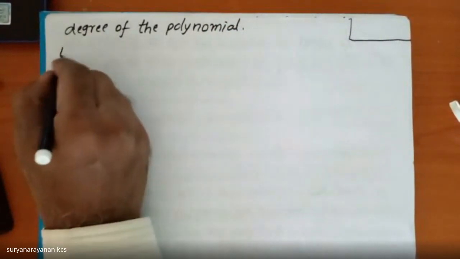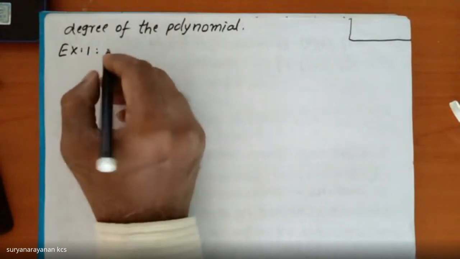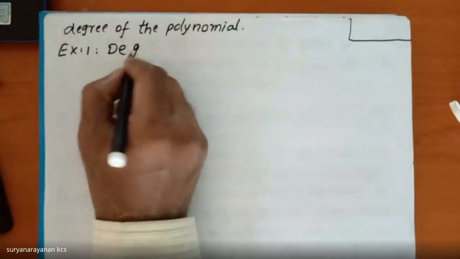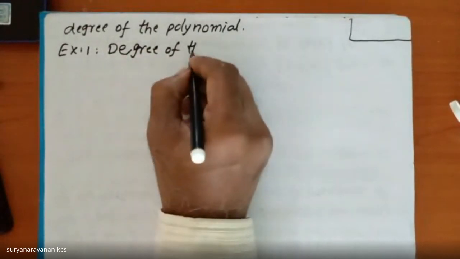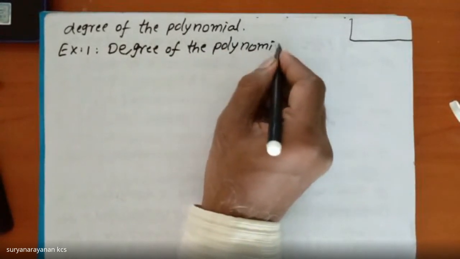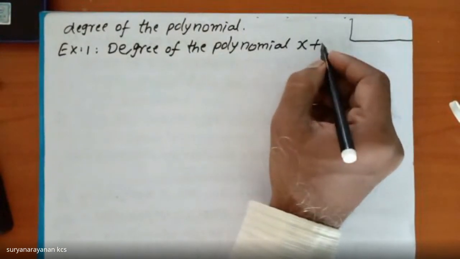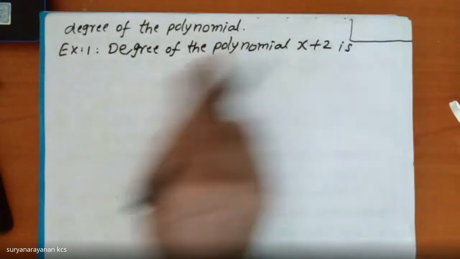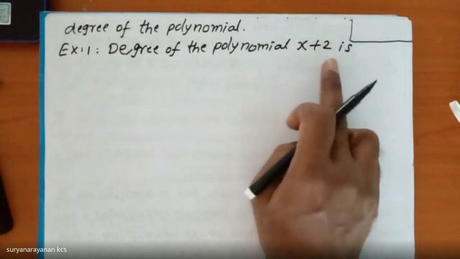For example, here, if you observe the terms, how many terms are there?